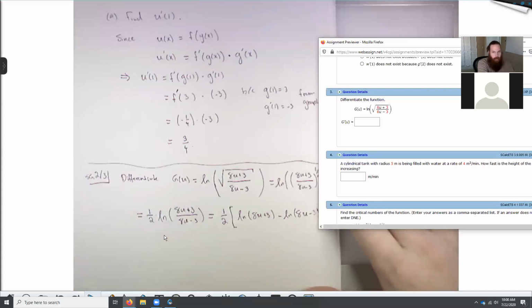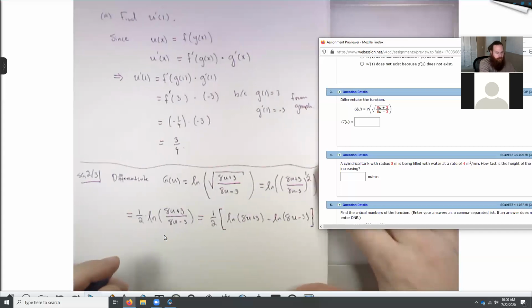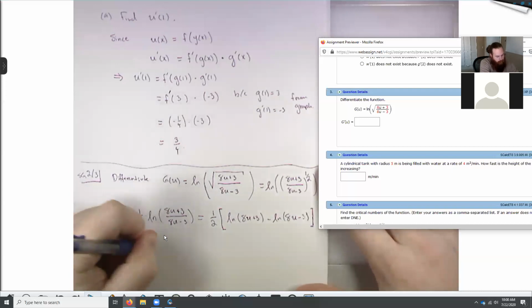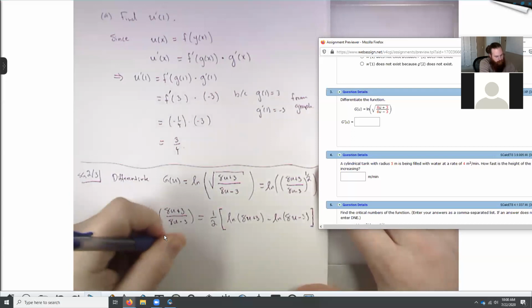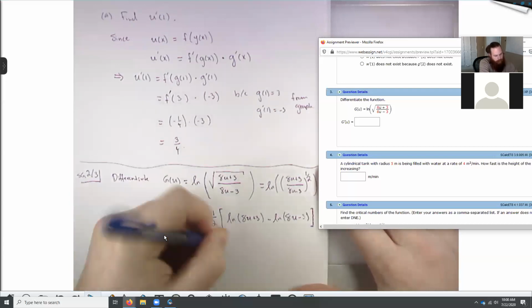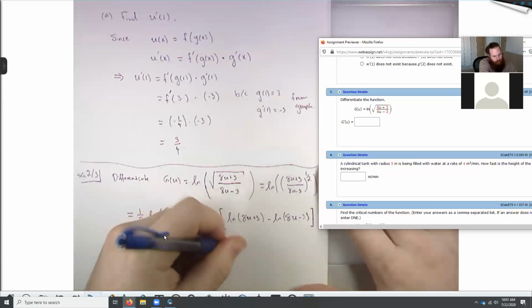I can distribute my 1/2. So I get 1/2 ln(8u plus 3) minus 1/2 ln(8u minus 3).